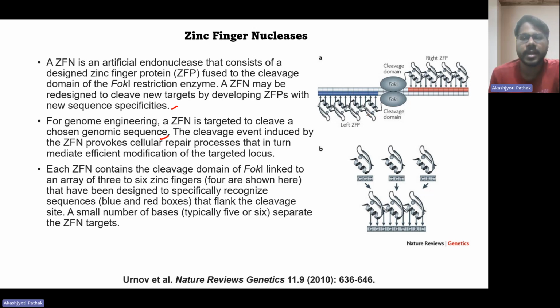There are two repair pathways: the non-homologous repair pathway and the homologous repair pathway. This was explained in the lectures as well. If you design a construct which has homology to the target DNA, then this portion of the DNA.